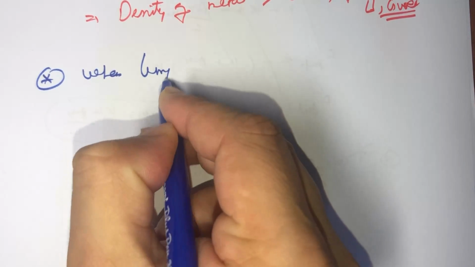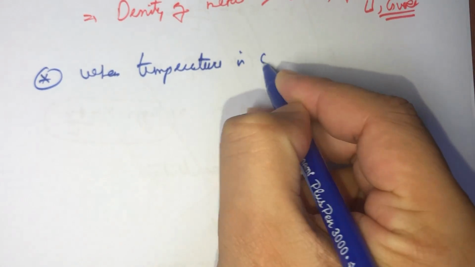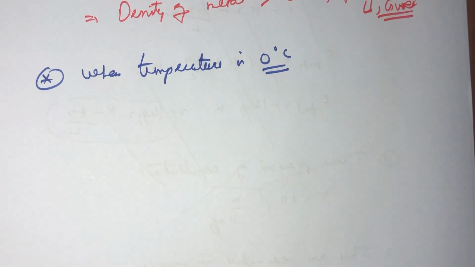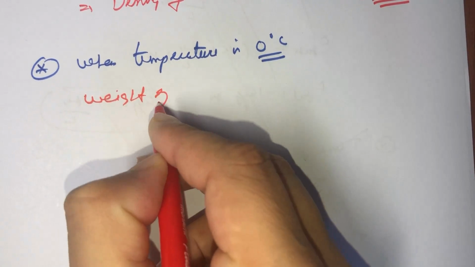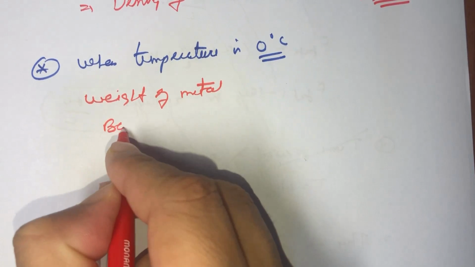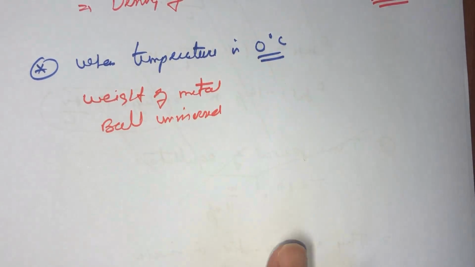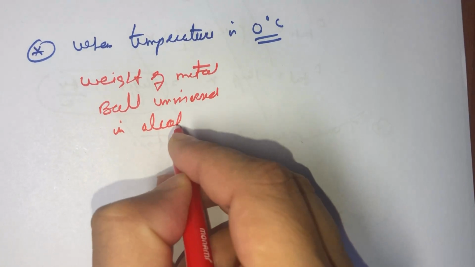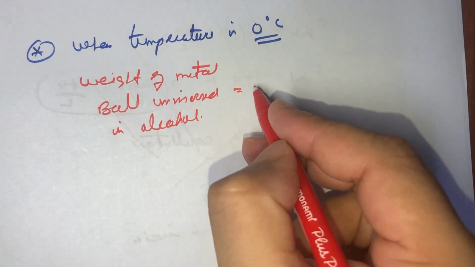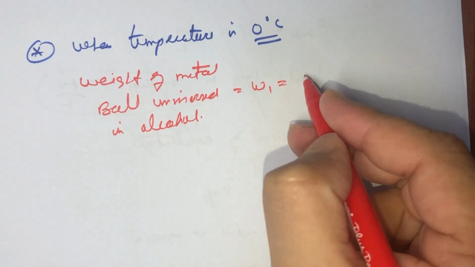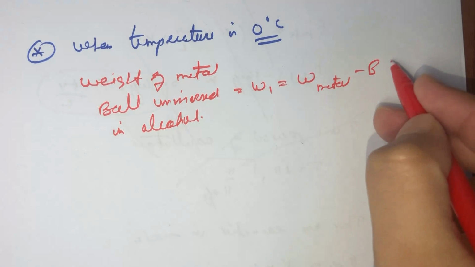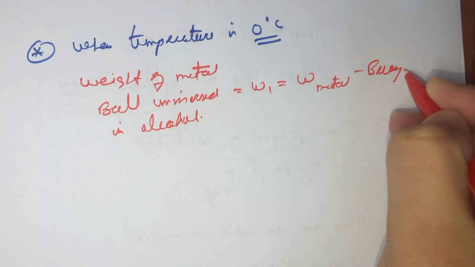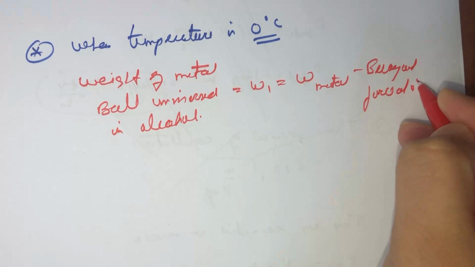When temperature is 0 degree centigrade, the weight of the metal ball immersed in alcohol, let us suppose, is given as W1, and that will be equal to W metal minus the buoyant force at 0 degree centigrade.